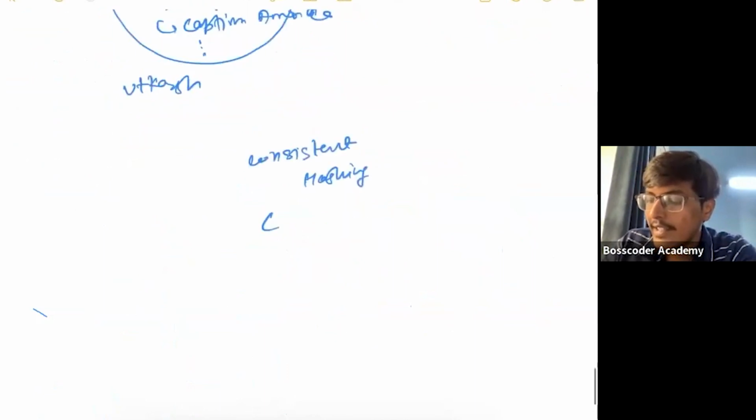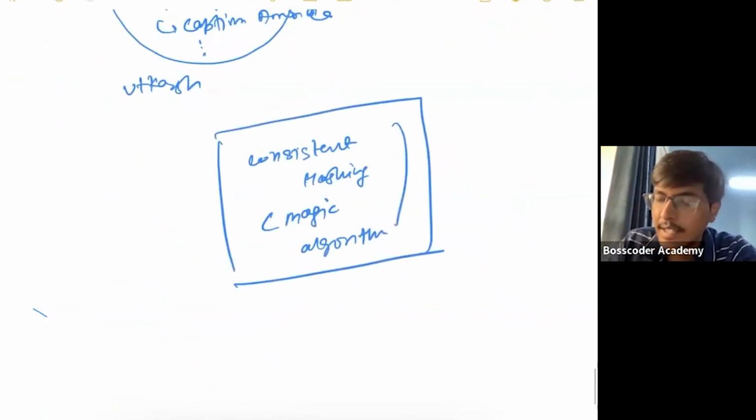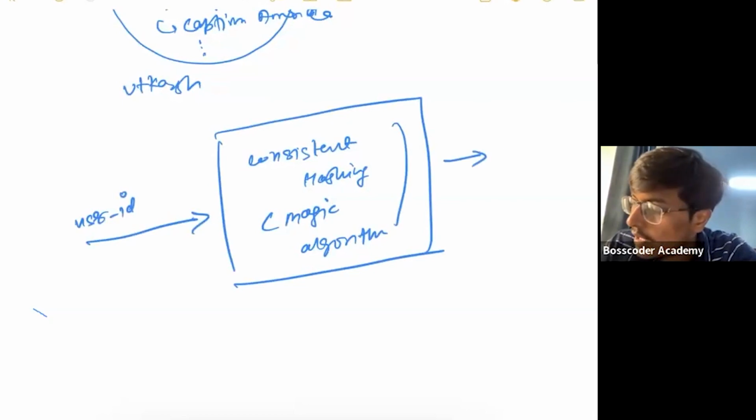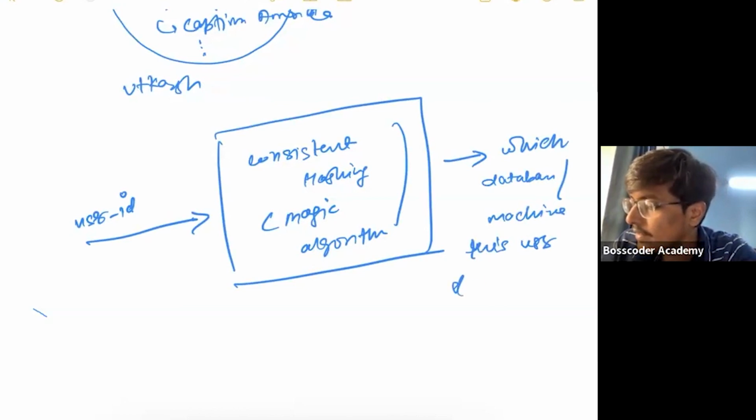But you can think of it as a magic algorithm, which internally uses binary search and hashing concepts, takes in the user ID and tells you which database or machine this user's data is stored on.